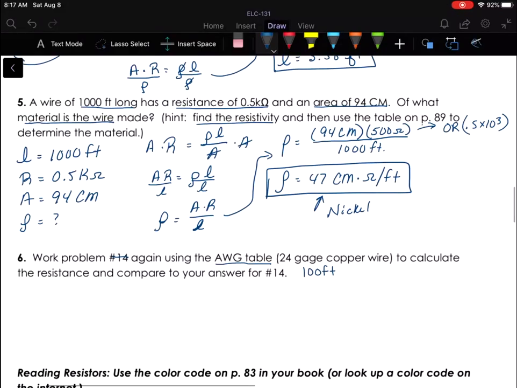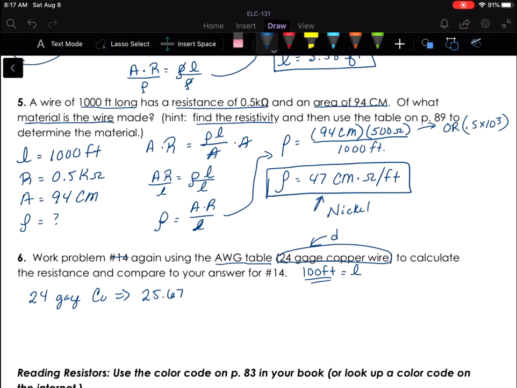We have 100 feet of copper wire, and I actually gave you the gauge. The gauge actually refers to the diameter, but in your book, 100 feet of copper wire is the length. In your table, 24 gauge copper wire has a resistance of 25.67 ohms per 1,000 feet.